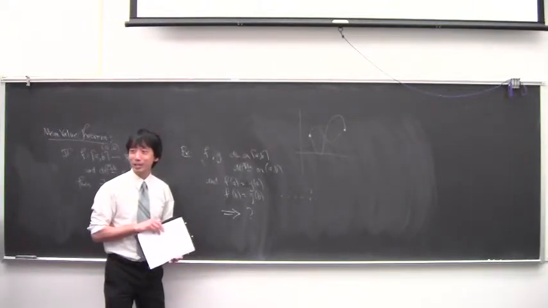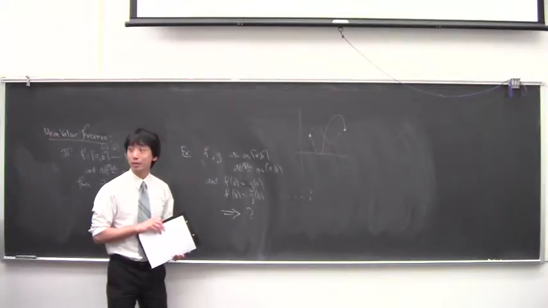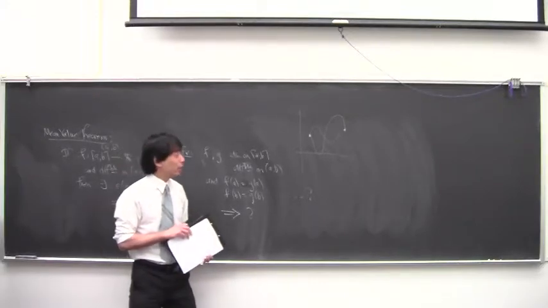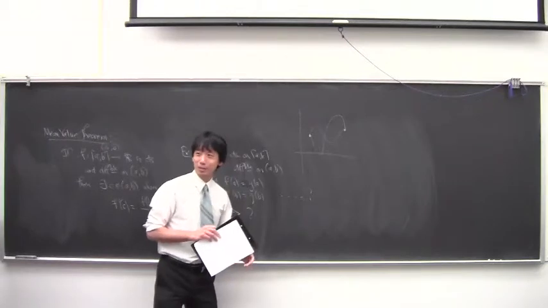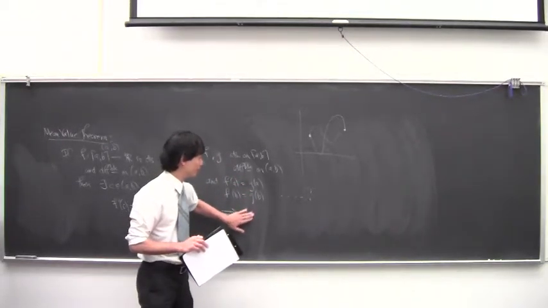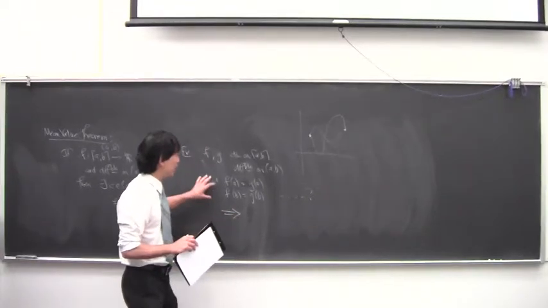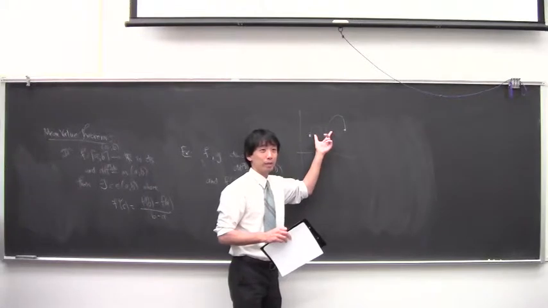Okay, Stefano, go ahead. They both have a point c where the derivative equals the average slope. So are you saying that each of them has a point c? Yeah, it's the same point. Okay, that's a little better than what I said at first.